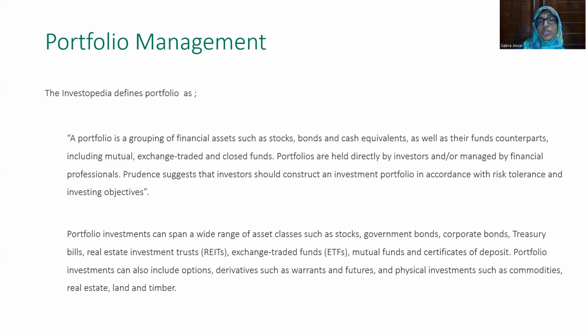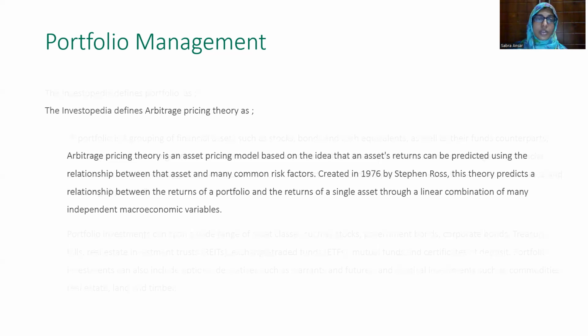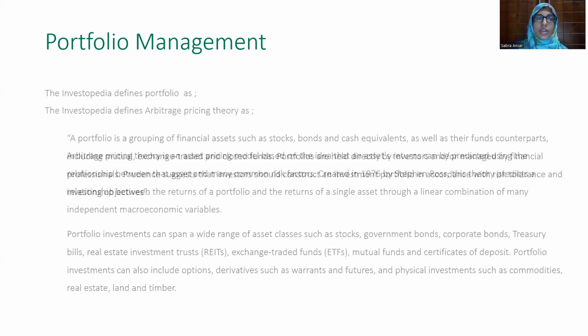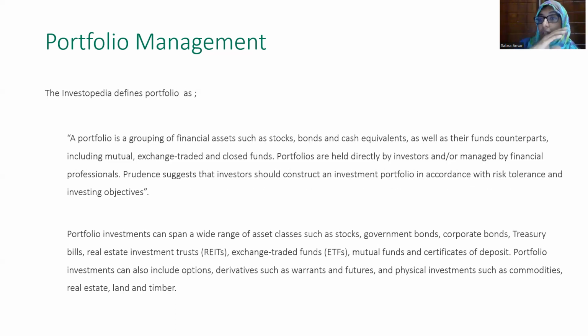You need to understand that a portfolio cannot be strictly defined by a fixed list, because it includes all sorts of financial instruments, equity or debt related, as well. Now let's try to understand what portfolio management is.